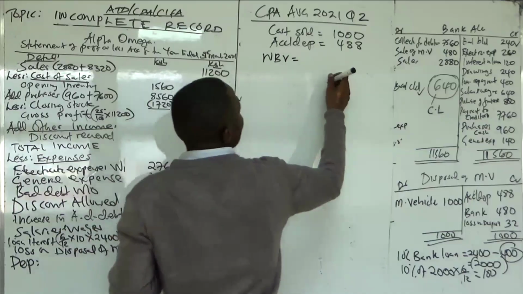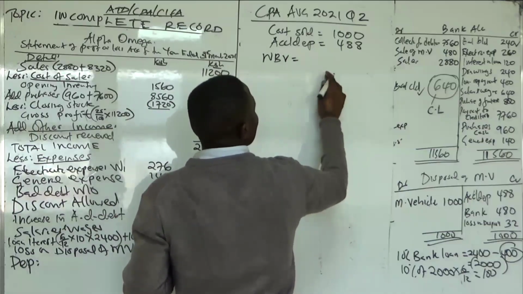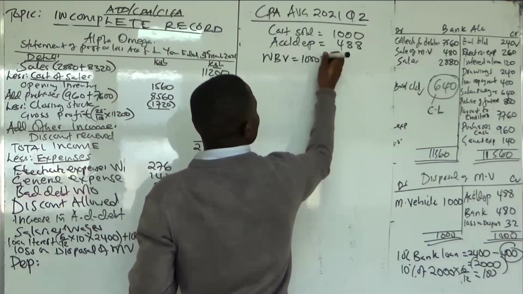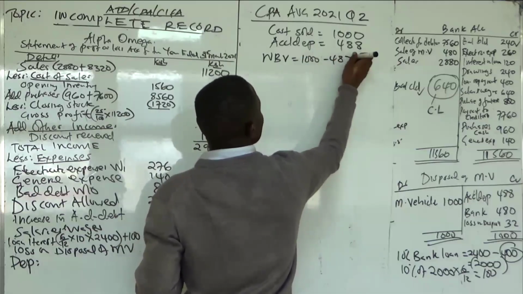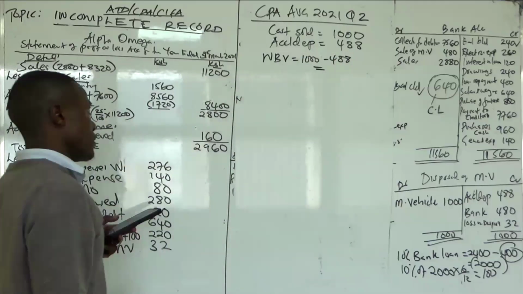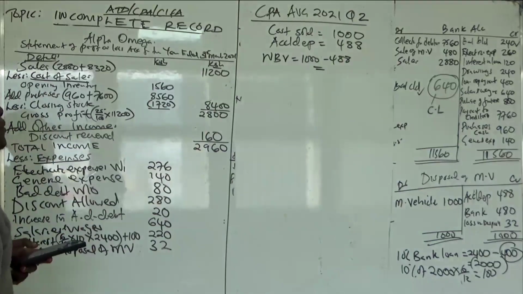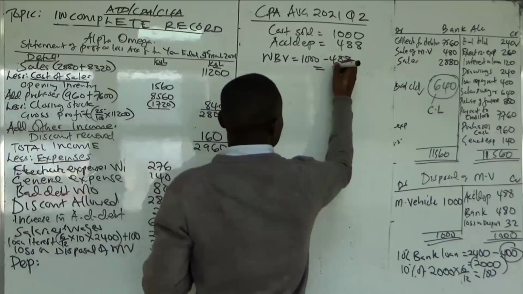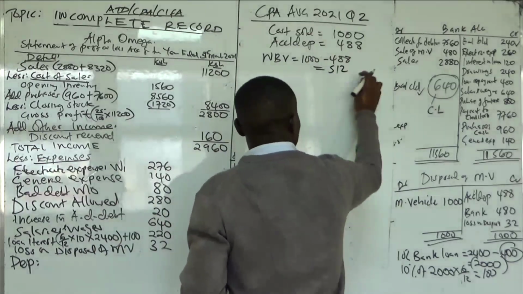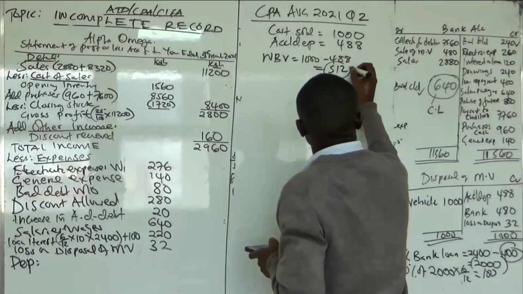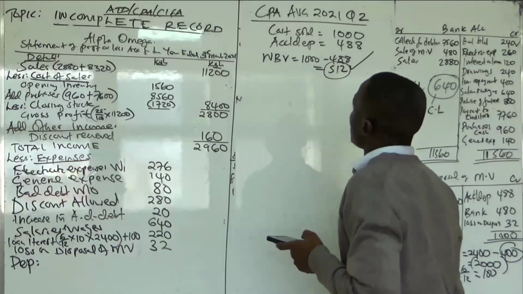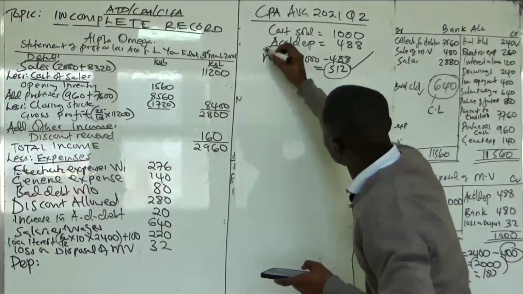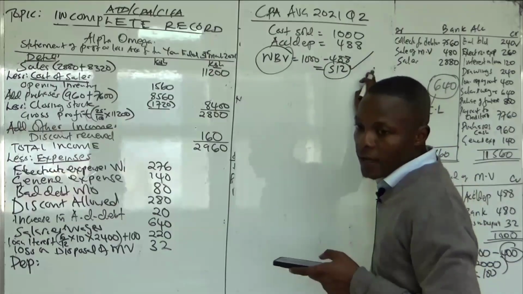What is the net book value? It will be 1,000 minus 488. How much do you get? 512. Now this 512 is the cost that will be sold. This is the net book value, the value that will be going out of the farm.